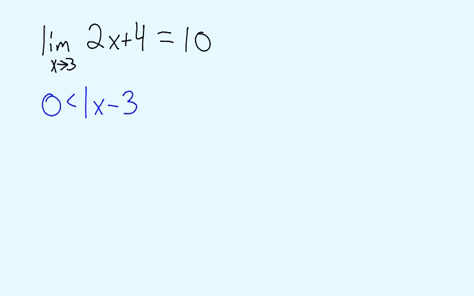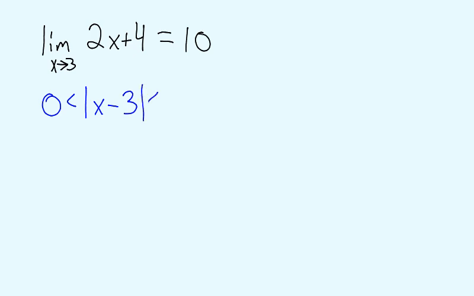Alright, so let's do an example. The limit as x goes to 3 of 2x plus 4 is equal to 10. We can verify this later if you wish, but we can also verify by using our formula definitions.